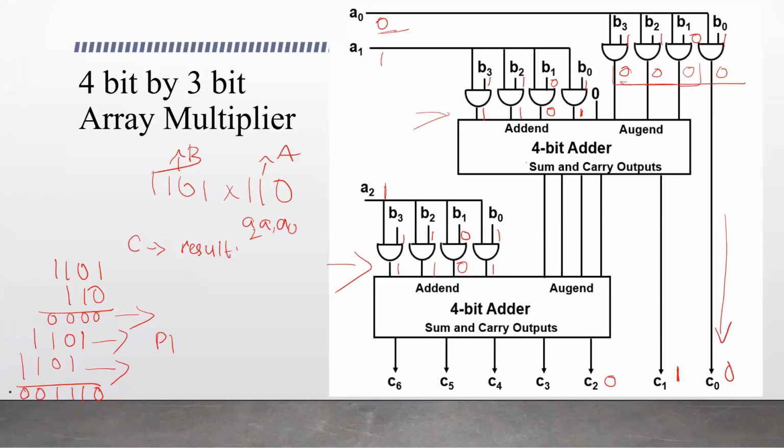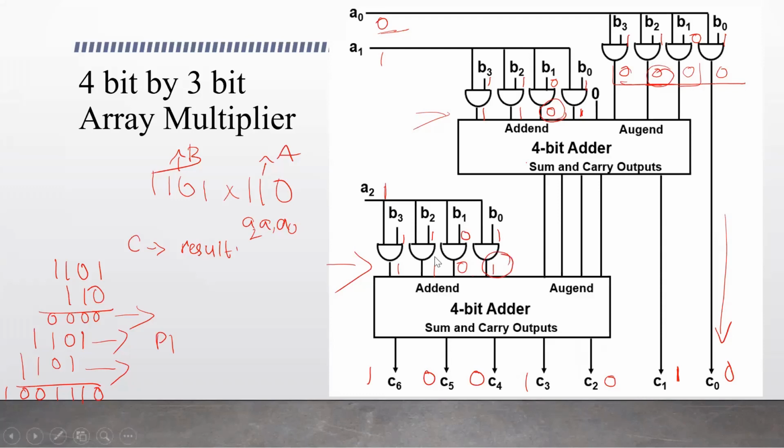1 0, 1 0. So this carry is 1. Here you get 0 0 1 1. The second bit is 1, and the third bit will be 0, and the second 0, this one, this, and the first bit of the next gate.